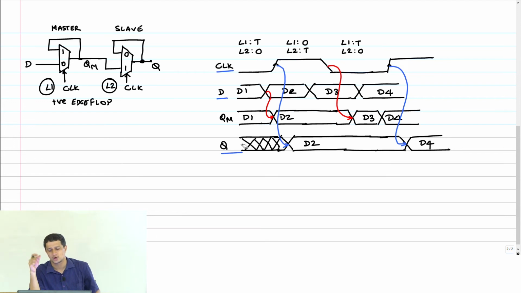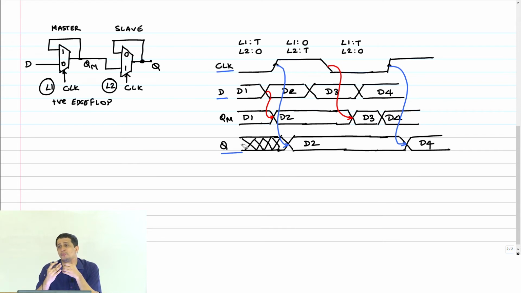Right? So now let me just ask you a question. What is TPCQ of the latch? I mean of the flop. Assume that the latch has some parameters, TCCQ, TPCQ and all that.